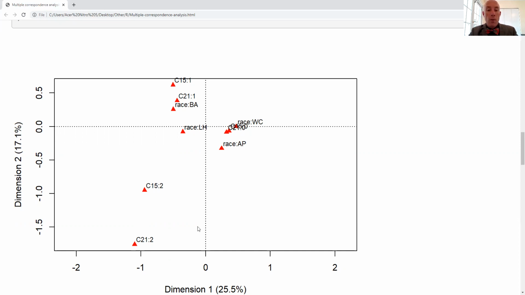Okay, and now let's look at the second dimension. In the second dimension, we see that we have 21.2 opposite 15.1. We see 15.2, 21.1, and then race Black African American, race Asian Pacific.